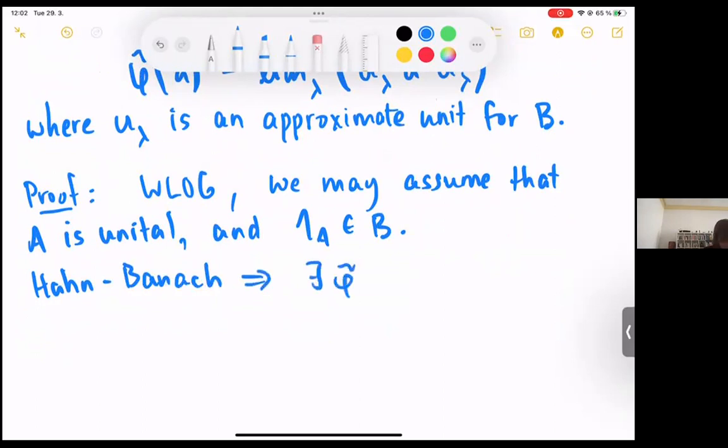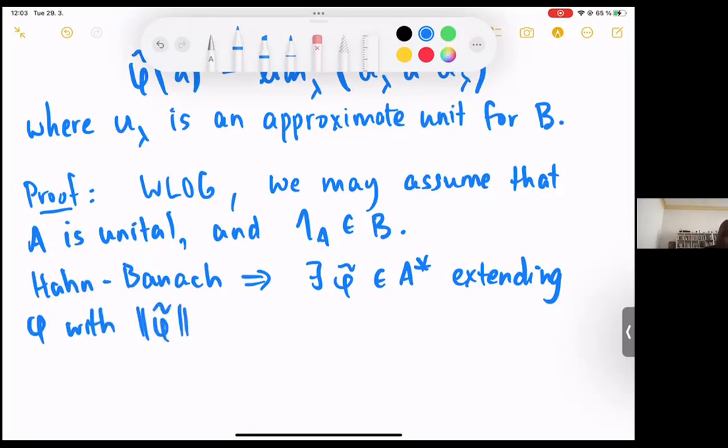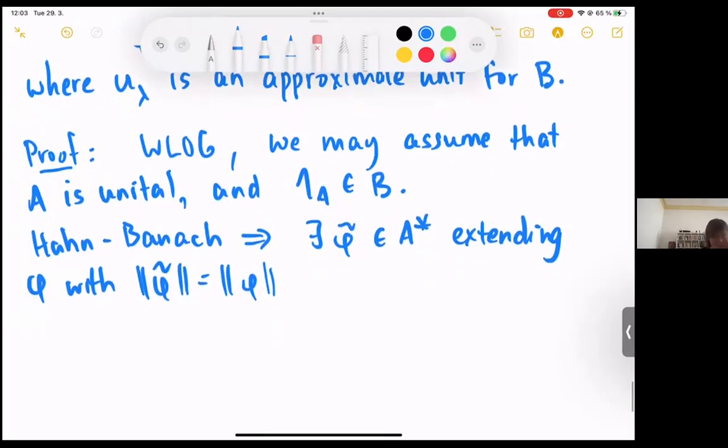And the main thing is just to check that this will be positive. Well, why is it going to be positive?